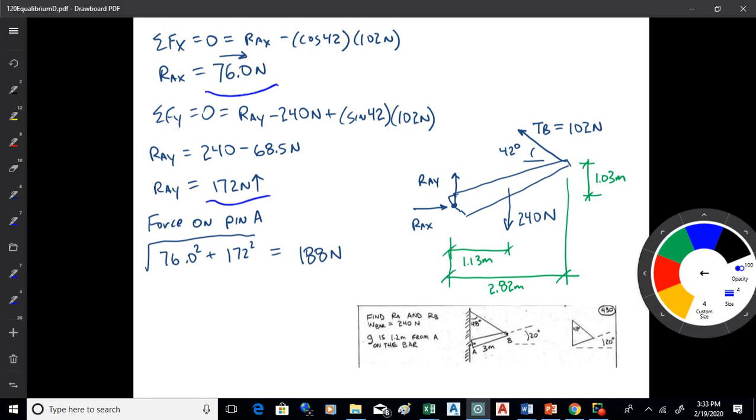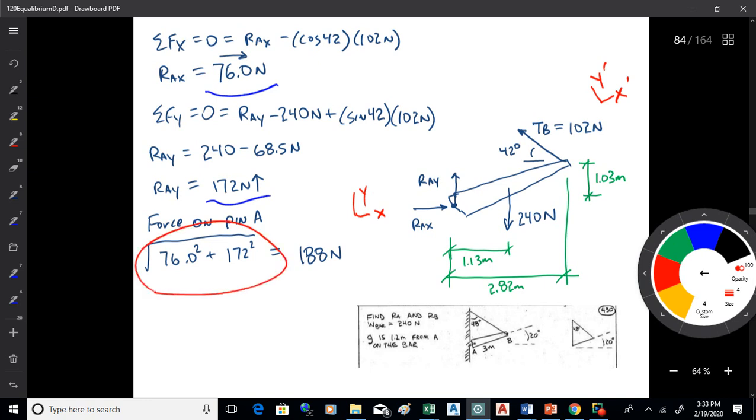Okay, because I'm using different axes. On the example that we just did, we were using axes like this, and the X and Y's were based on those axes. Now I'm using standard axes, so I'm getting different answers. But look what happens when I take the square root of the sum of the squares. I get the same answer. The total force is what it is. How the components turn out just depends on what orientation you're looking at. Okay?